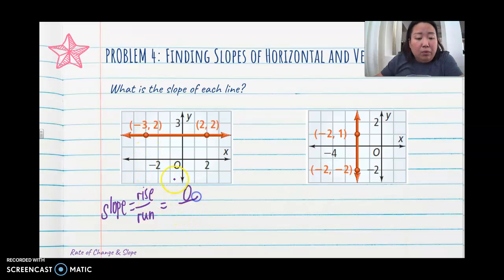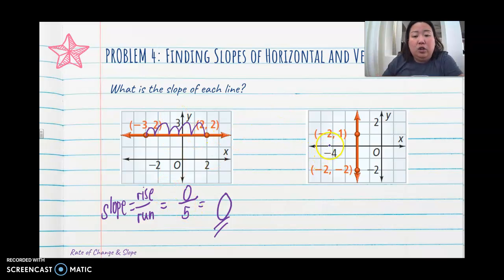Our run, on the other hand, would be 1, 2, 3, 4, 5. We went positive 5 because we went 5 to the right. And what is 0 over 5? It is simply 0. So when you have a horizontal line, you can see that there is no change vertically, and so the rise has a value of 0.